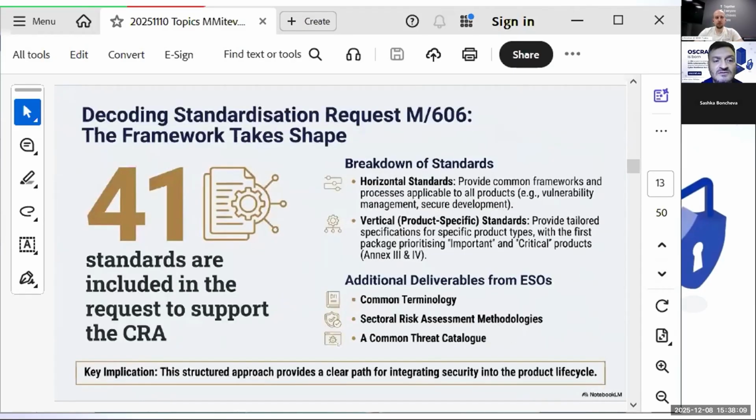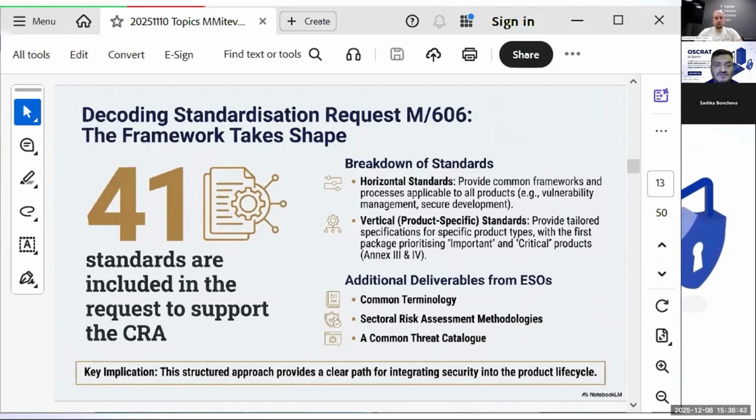The standardization request M606 includes 41 standards that will support the Cyber Resilience Act. Some are horizontal standards. These give common processes for all products, for example, vulnerability management. Others are vertical standards. These apply to specific types of products, especially important and critical ones from Annex 3 and Annex 4.